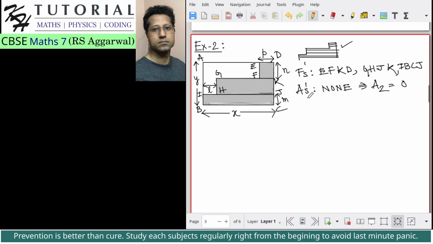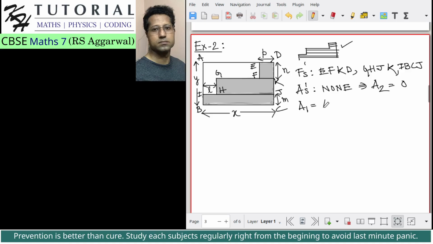Now let's find what A1 is. A1 is the sum of the areas of all the rectangles or squares that we formed in step 1, into which we have divided the entire shaded region.